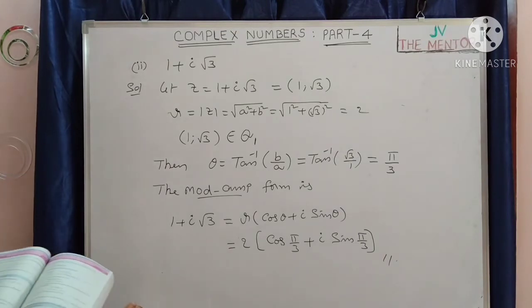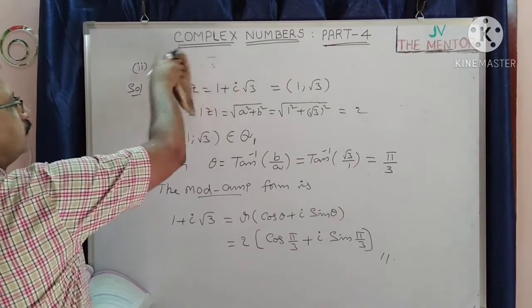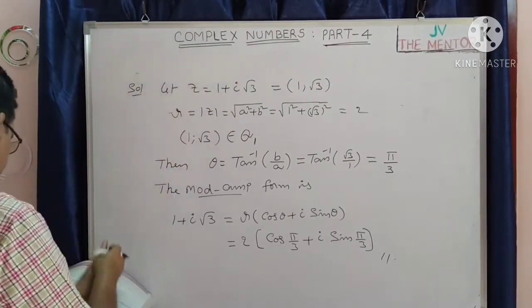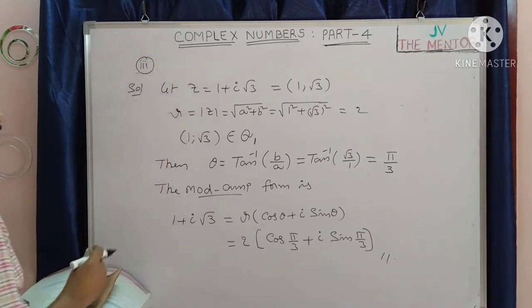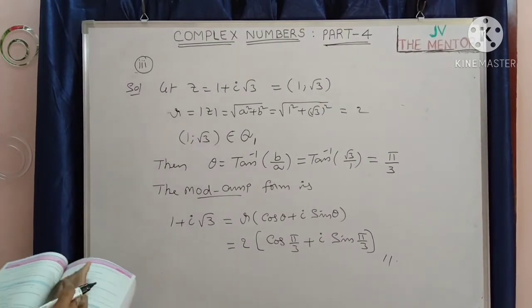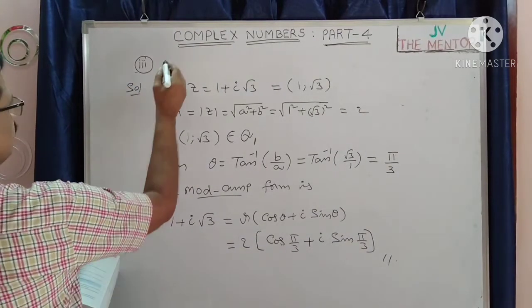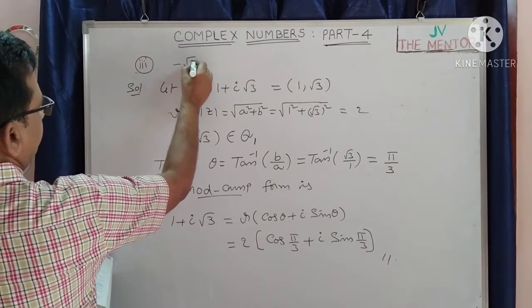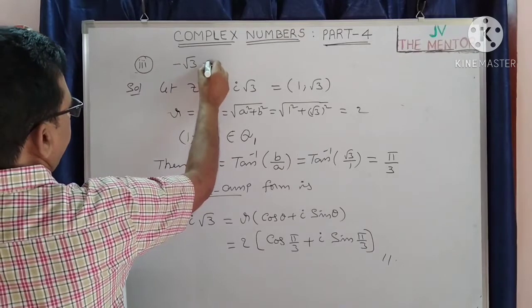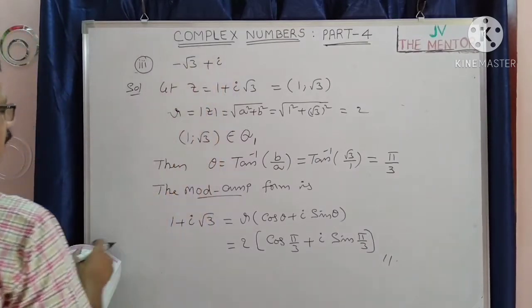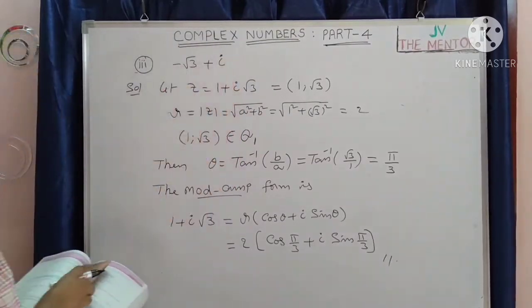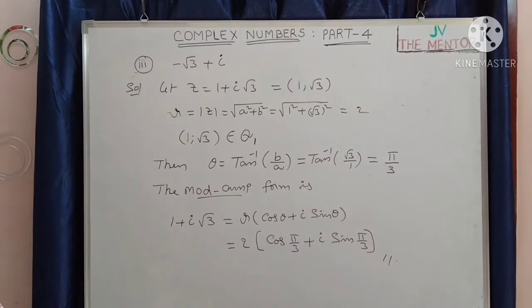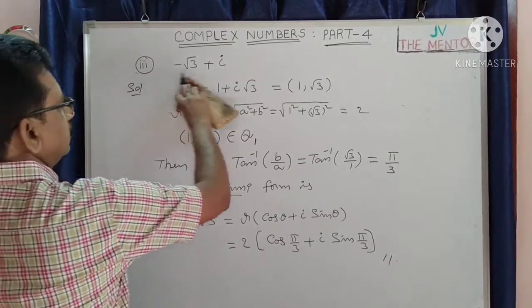Next, third problem. Very important problems. Modulus amplitude form will compulsorily come in your public exam. Third one is minus root 3 plus I. Write down.